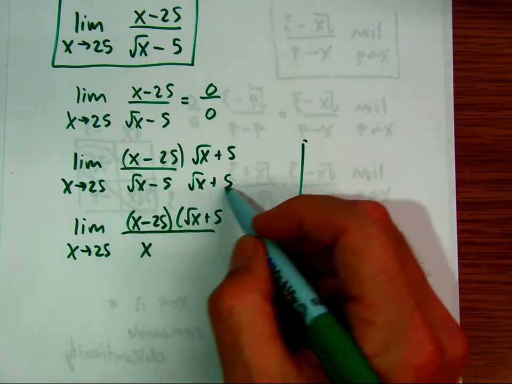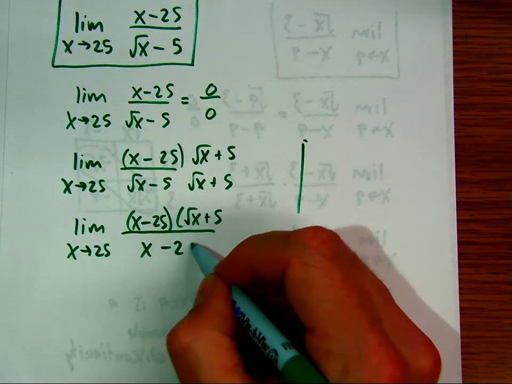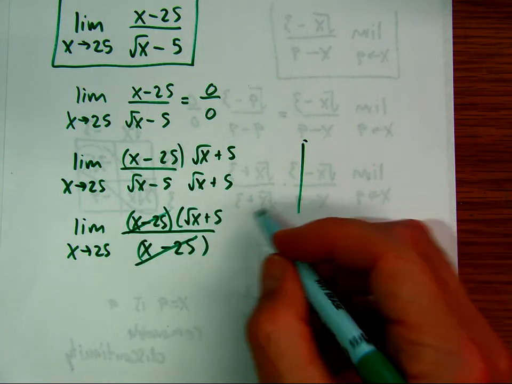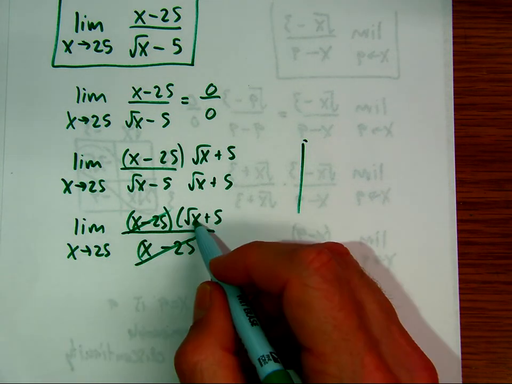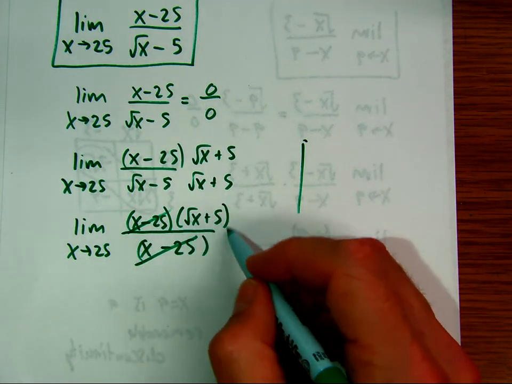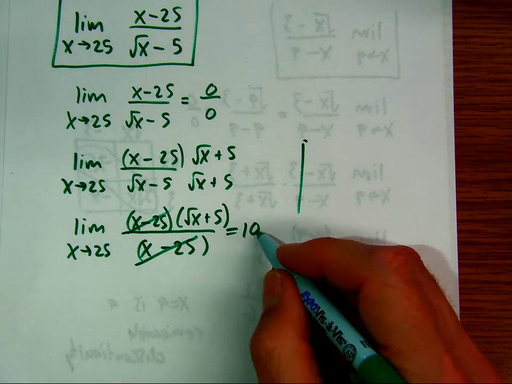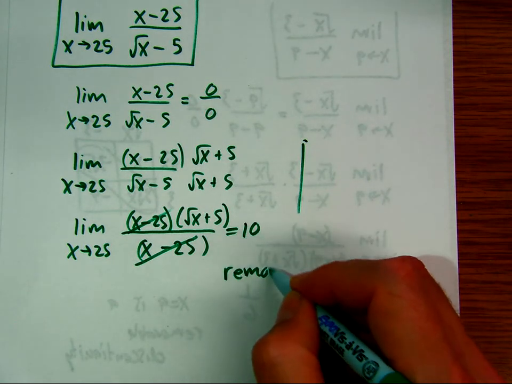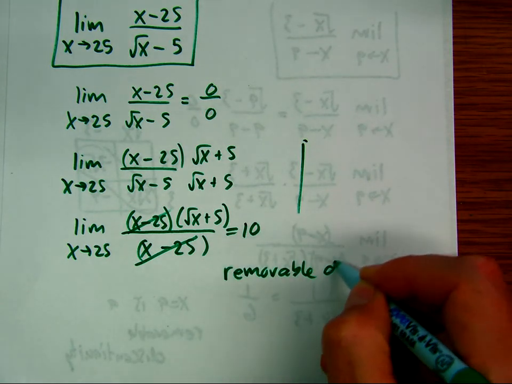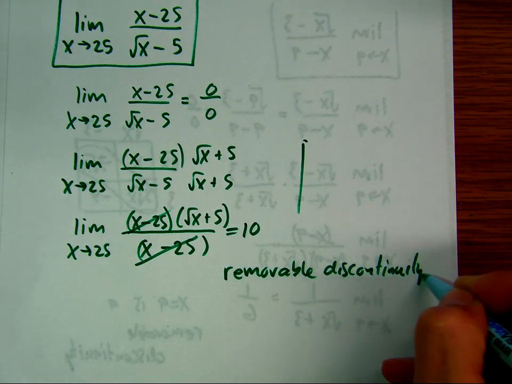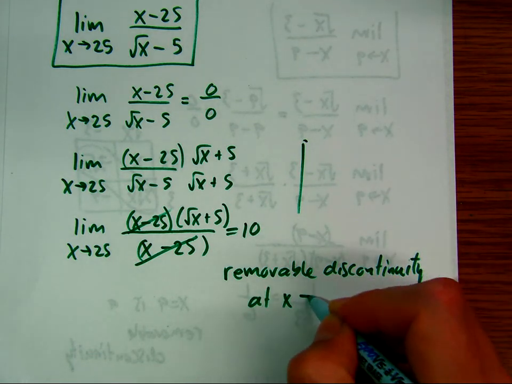That adds to get 0, and we're left with that. And that cancels. So when you put a 25 here, we'll have 5 plus 5 is 10. And the limit is 10. Removable discontinuity at x equals 25.